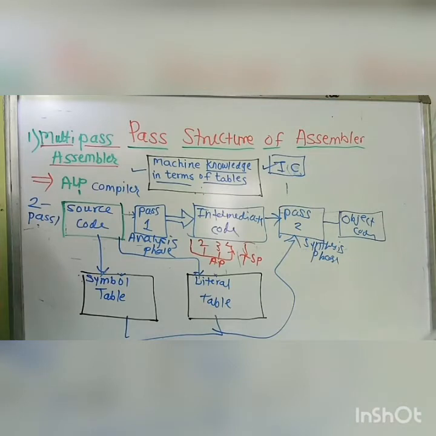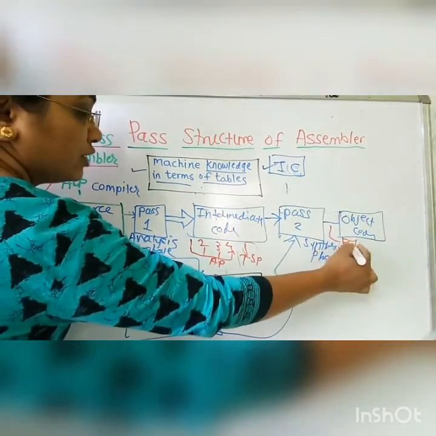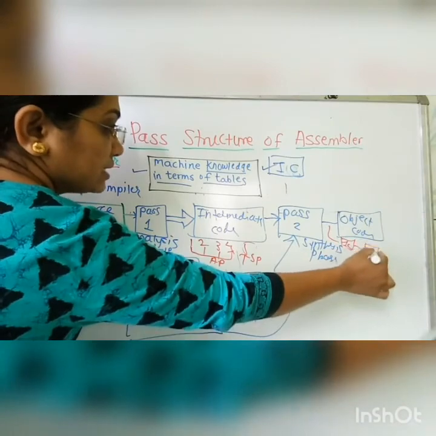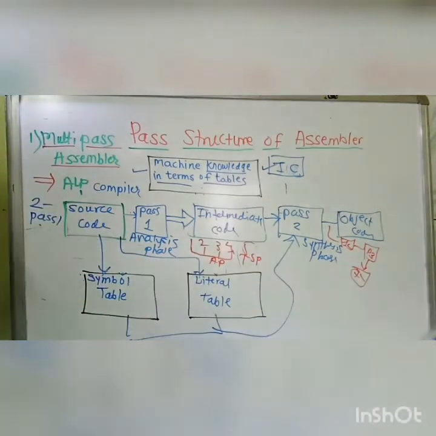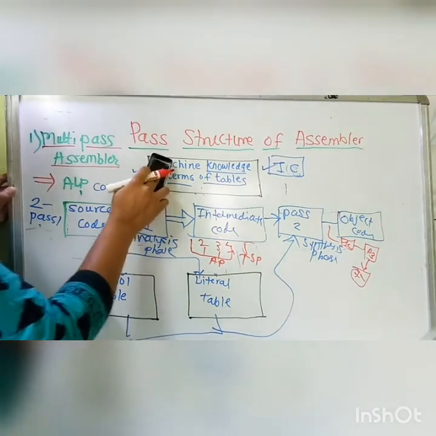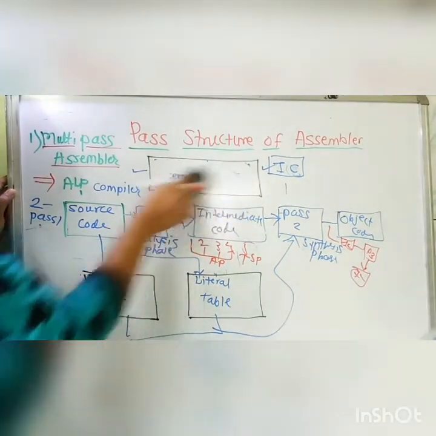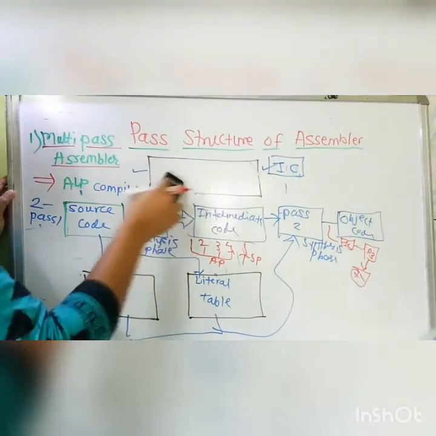This assembler requires several forms of intermediate code, which are generated by each pass. The second pass will again generate intermediate code, then pass 3 again, and so on. This assembler uses suitable data structures as and when required, so it has detailed background knowledge of the machine tables.